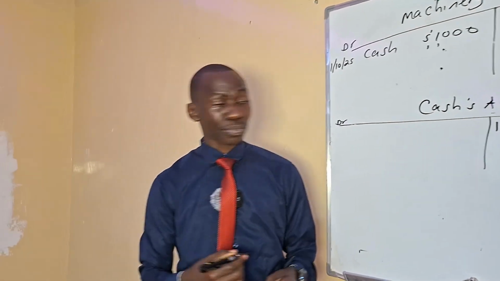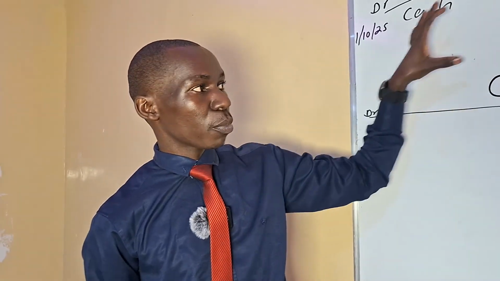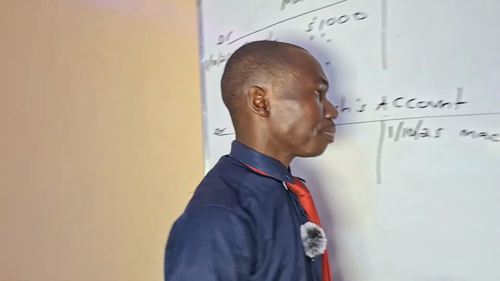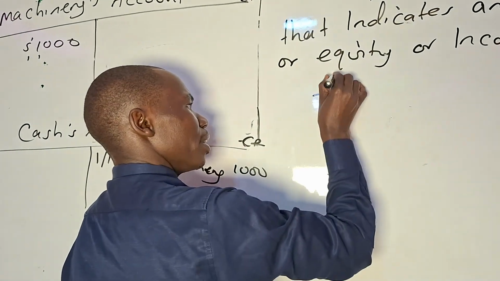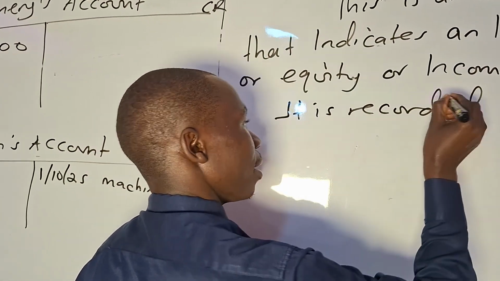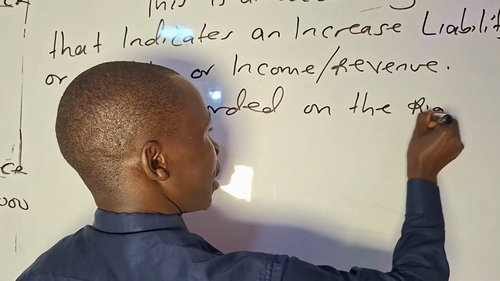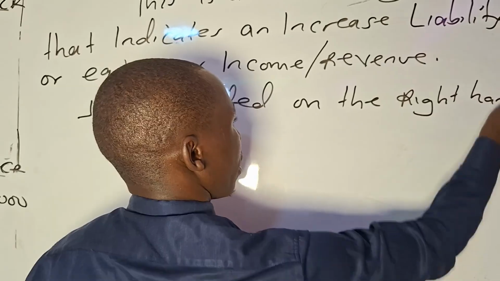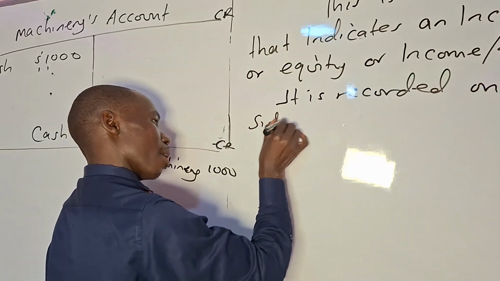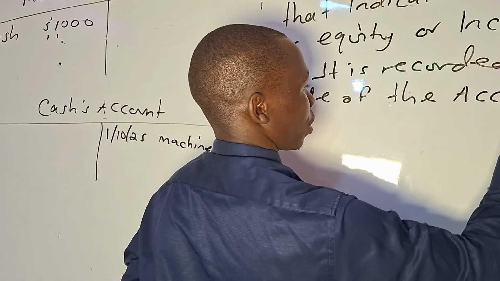Yes, we record on credit side of the account. These are accounts I'm talking about. It is recorded. Where do you find it? CR. It is recorded on the right hand side of the account.